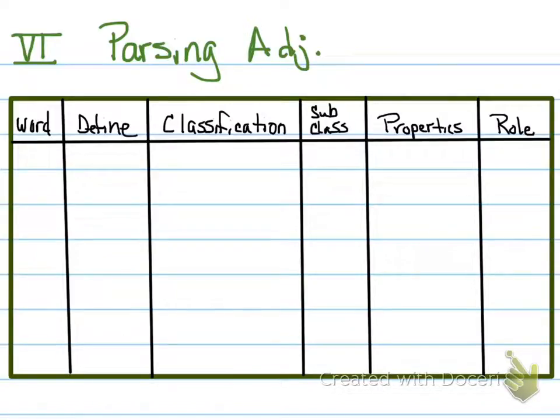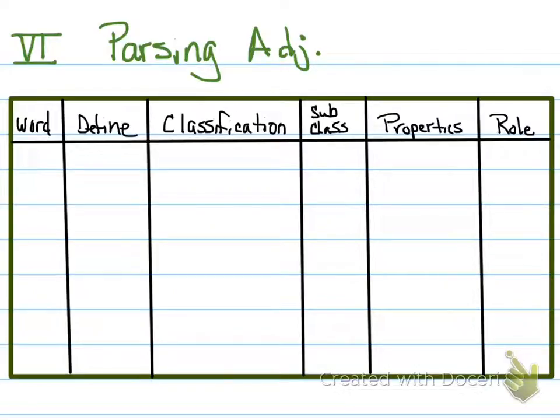And when we parse our adjectives, remember that parsing means that we're taking everything we know about that part of speech, and adjectives in this case in the sentence, and we're putting it into a neat, organized chart.